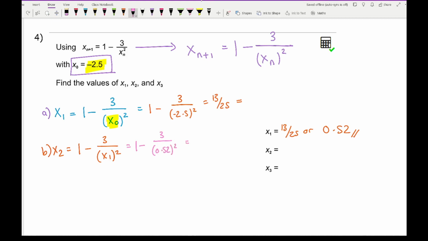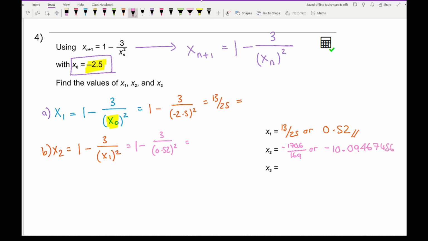And again, if I type that into my calculator, I get an answer of minus 1706 divided by 169, or as a decimal, it's a long decimal, minus 10.0946746.